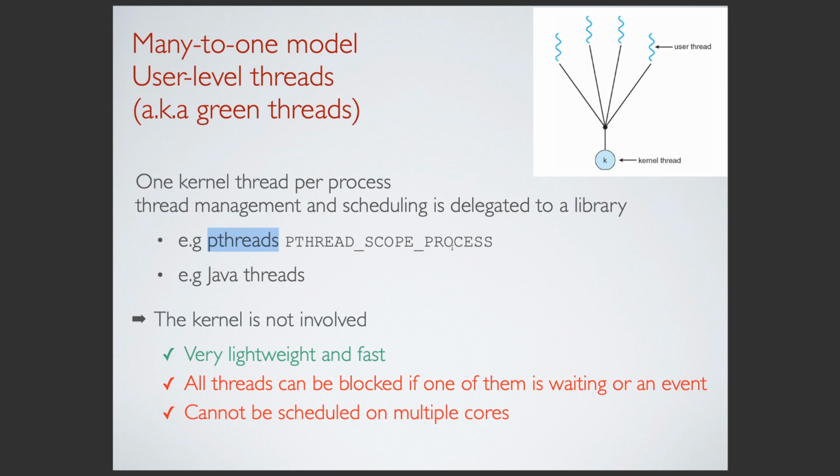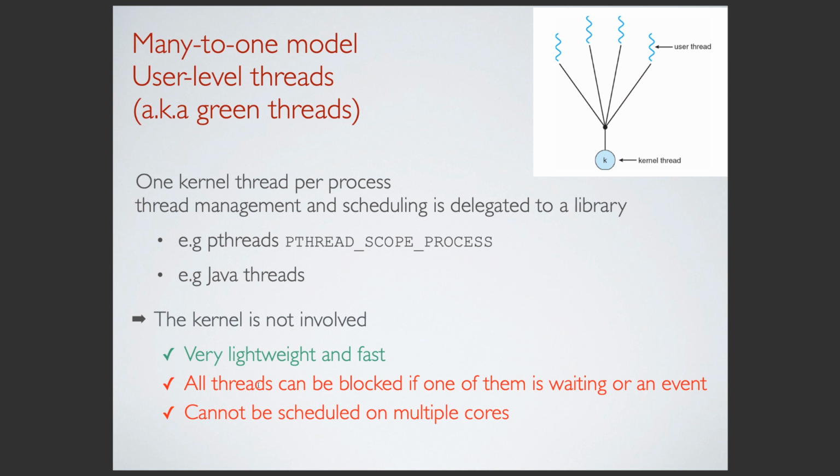So it's very flexible. Also, if you think about it, Java threads are like that. If you start a Java virtual machine, it has its own process and its own main thread and so on. But then on top of that, you can create Java threads, and these are going to be application-type threads. In that case, the kernel is not involved, so it's very lightweight, very fast. So you do everything at the application layer. But at the same time, if one of the threads is blocked, it might actually tell the OS it's waiting for an I/O, so it's going to block the process in a way, or block the main thread, the kernel thread.